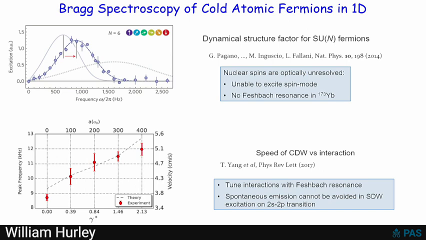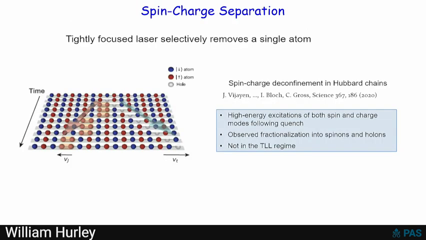And for technical reasons, we did the same experiment, also just for the charge wave and not for the spin density wave. It turns out the spin density wave is challenging from a technical perspective. We figured out how to deal with that, and I'll talk about that in a moment.